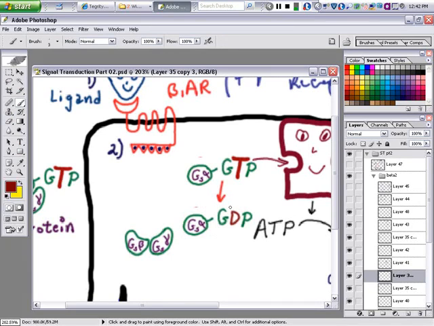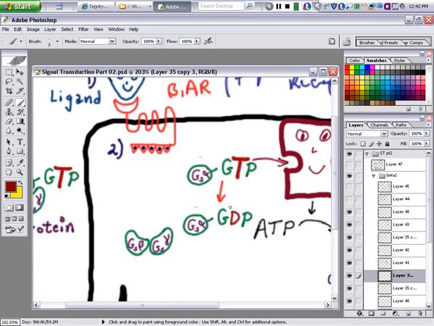And now when it converts itself back into GDP, adenylyl cyclase can turn itself off, and it doesn't continue to make more and more cyclic AMP, so that your heart rate will eventually go back down to normal.